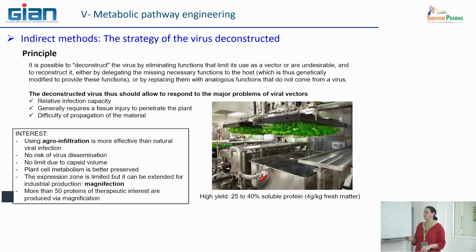And there are lots of examples of this type of vaccine production, because you can see here that more than 25 to 40% of the soluble protein could be your recombinant protein. So it's the best way to produce some recombinant proteins. It's also a way to produce some enzymes that are involved in metabolic pathways if we want, for example, to study some of their characteristics.